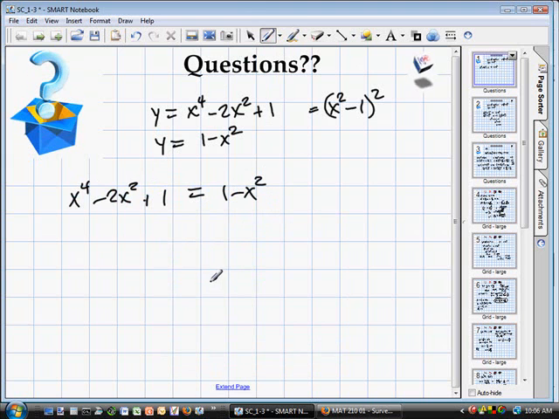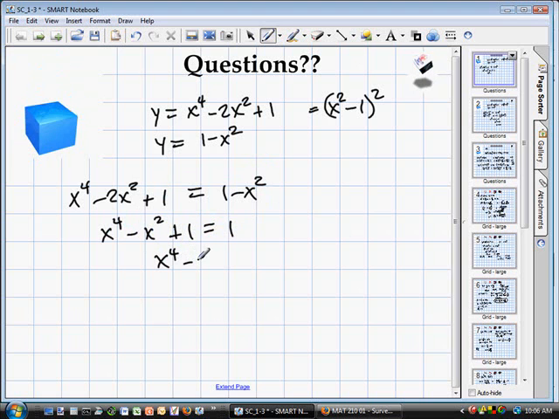If we get everything on one side, it's supposed to be a plus. Let's see, we add x squared to both sides. We now have x to the fourth minus x squared plus 1 equals 1. And then x to the fourth minus x squared equals 0. And then we could factor.